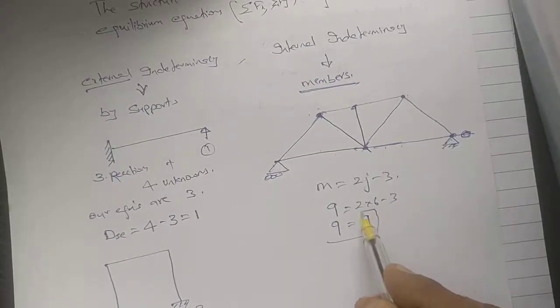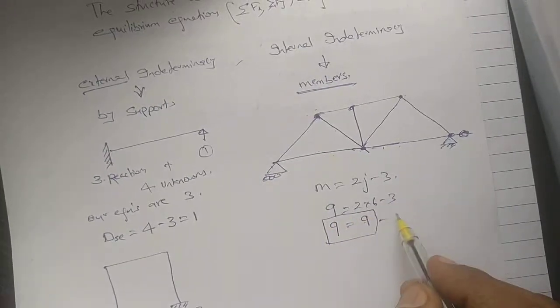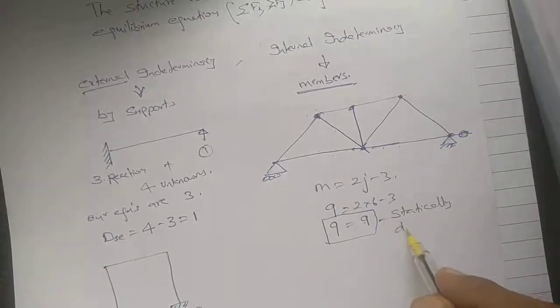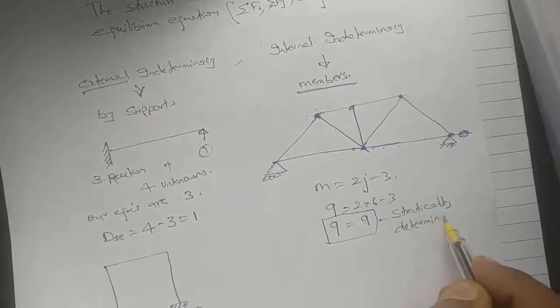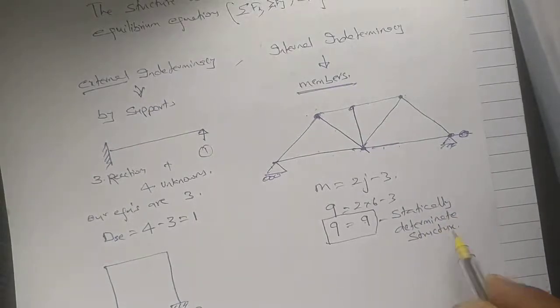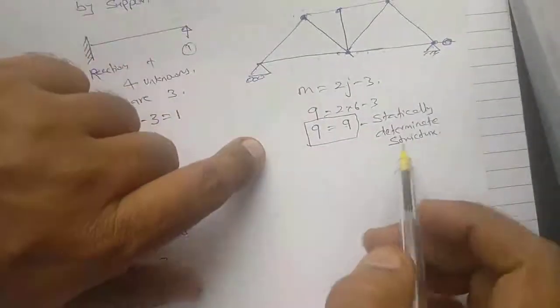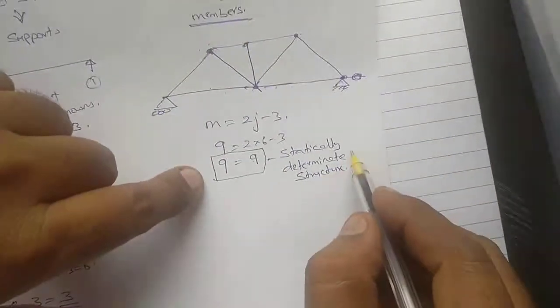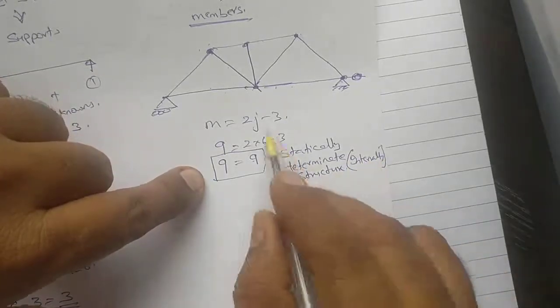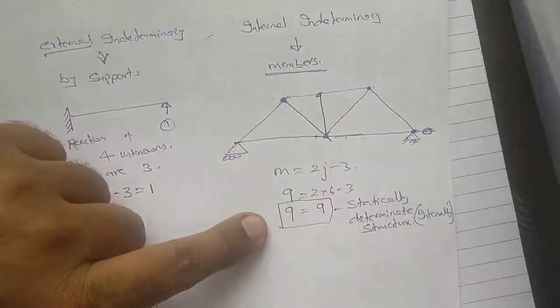So if this is satisfied, this is a statically determinate structure. Now if we go for an indeterminate structure internally, so this structure is an internally determinate structure.